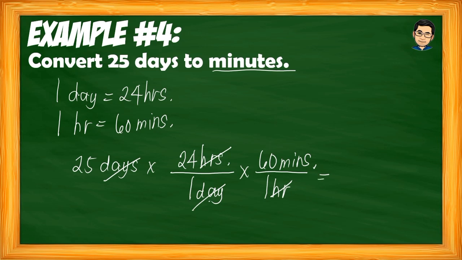You can see, matitira na lang po is yung minutes. Ang gagawin na lang natin last step, i-multiply natin yung mga natira, 25 times 24 times 60 minutes. Kapag minultiply nyo po yan, ang lilitaw pong sagot is 36,000 minutes. Yan ang katumbas ng 25 days, 36,000 minutes.